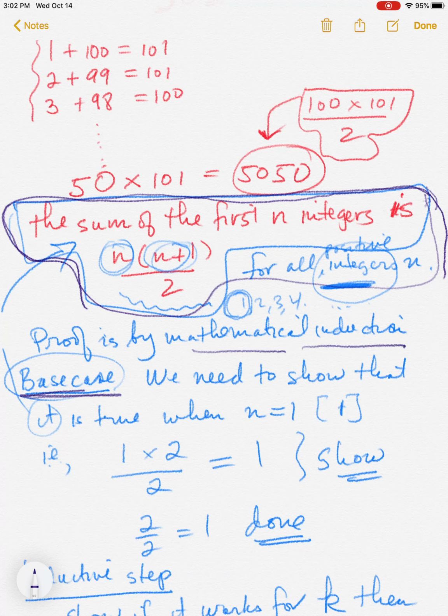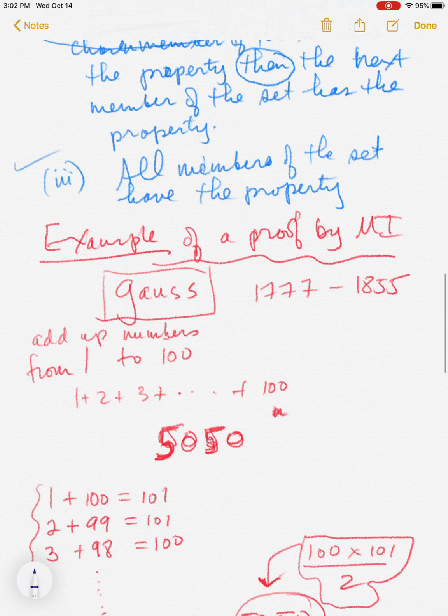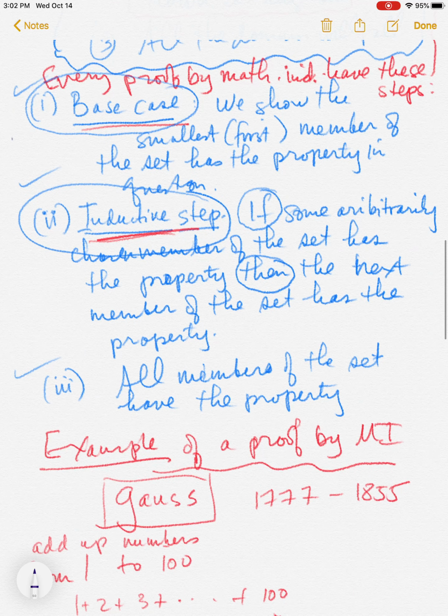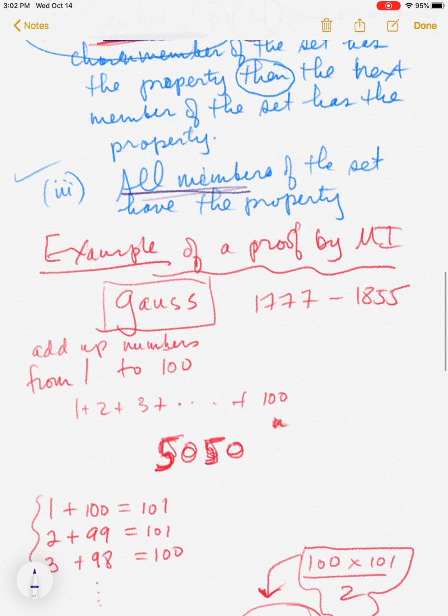We've shown the base case, that it's true for the first member of this infinite set. And now we have to show the inductive step, which is the second part of every proof by mathematical induction, and that's always going to be a conditional claim. If some arbitrarily chosen member of the set has the property, then the next guy in line has the property. Then you can end up concluding that all members of the set have the property.